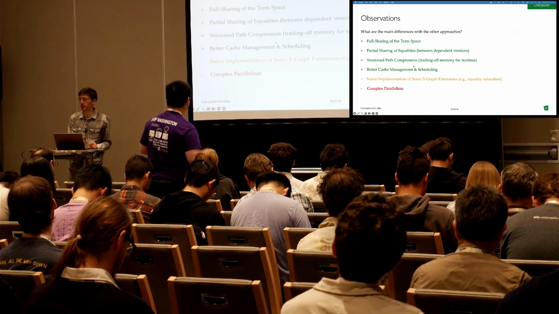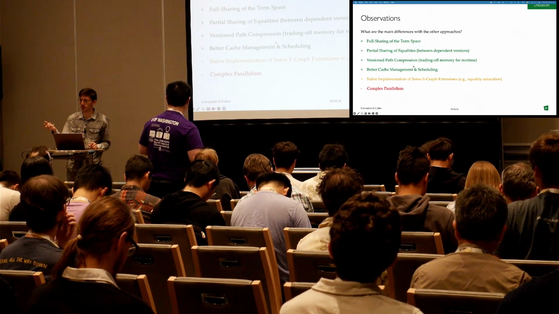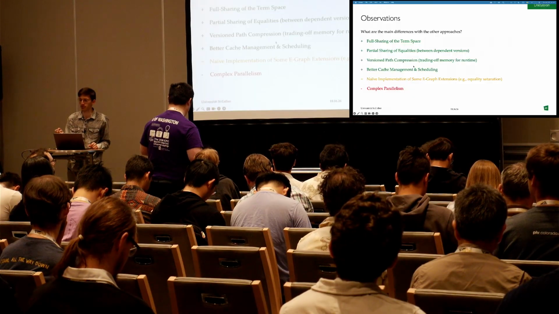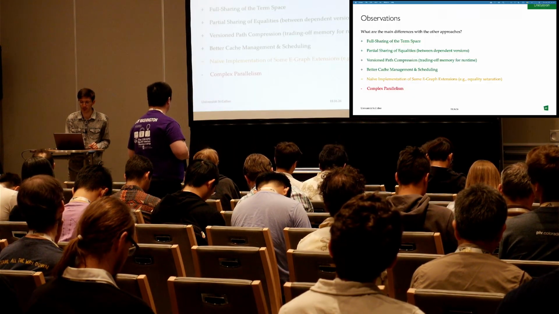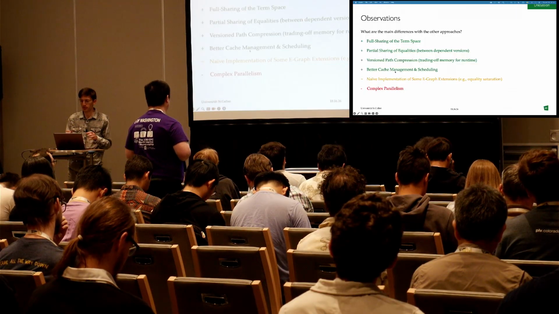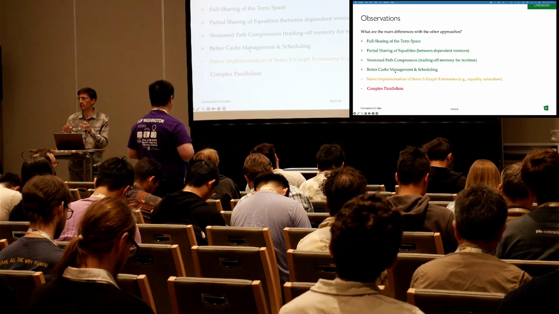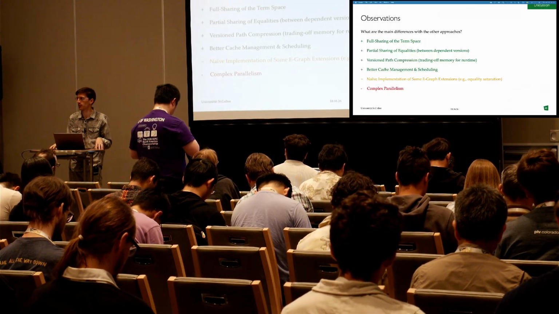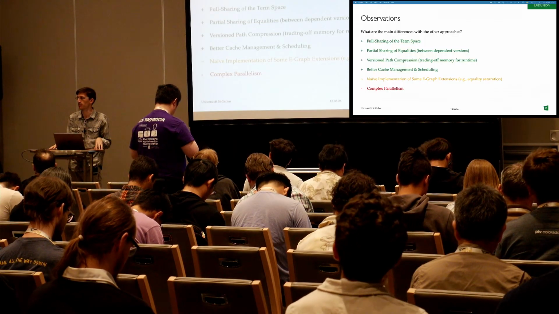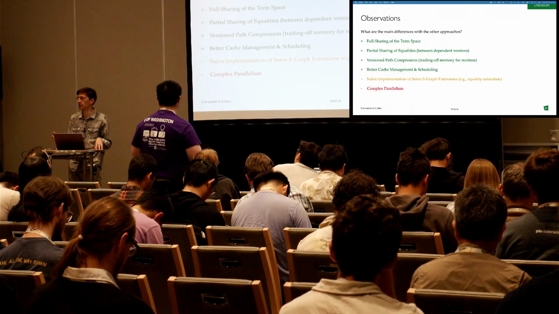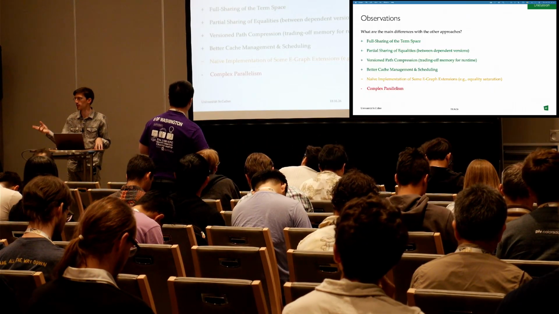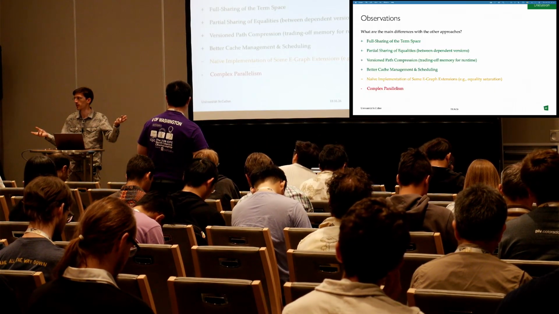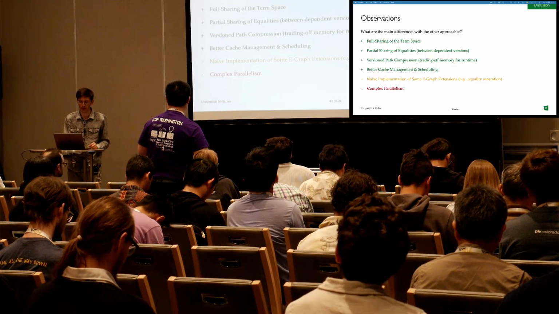Then there is version path compression, which trades off memory with runtime, so there is a better balance. Also, since you have a view of all the versions that you're maintaining, you can do better cache management. For example, if you apply equality saturation at a version, maybe you need the cache for that version, but you don't need it for another version that you're not considering at the moment, right?